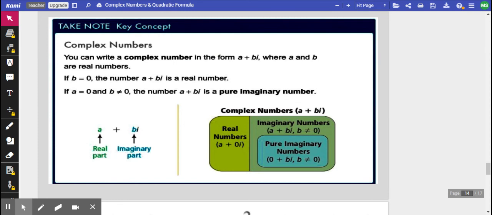So you can see here with our notes on complex numbers, you basically have a plus bi, where a and b are real numbers, and then you have the i with the b making it the imaginary unit part, or the imaginary part, as you can see at the bottom left, and the real part separate from it. And you have the whole complex number system where you have real numbers and imaginary numbers coming together to make complex numbers.